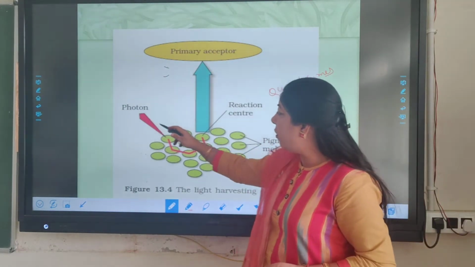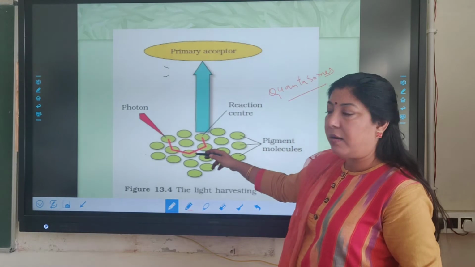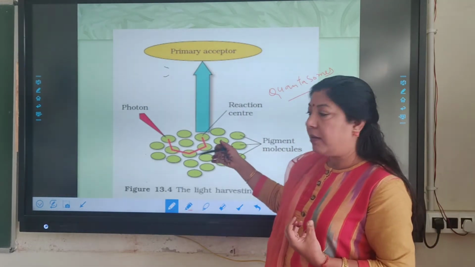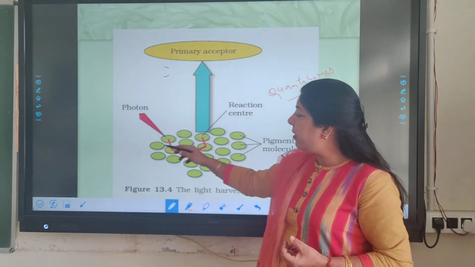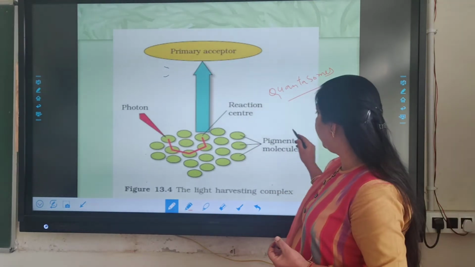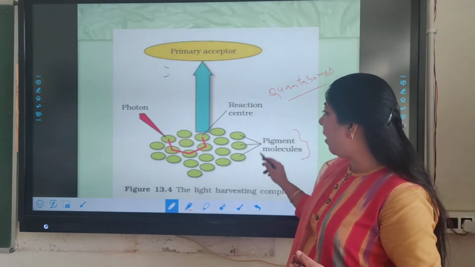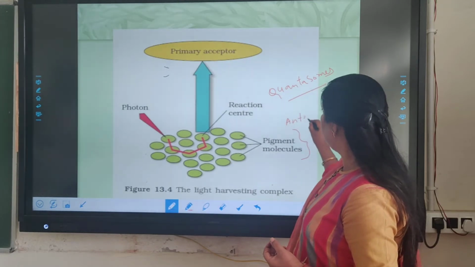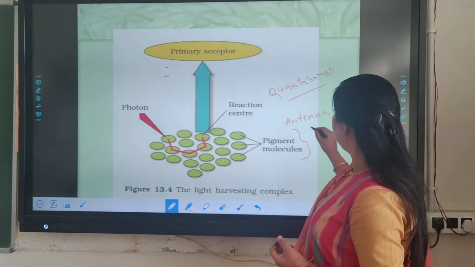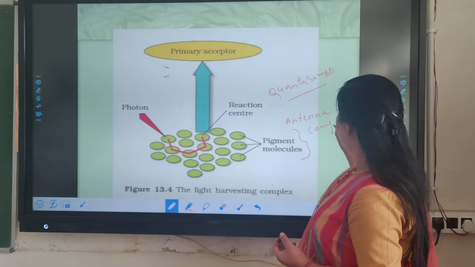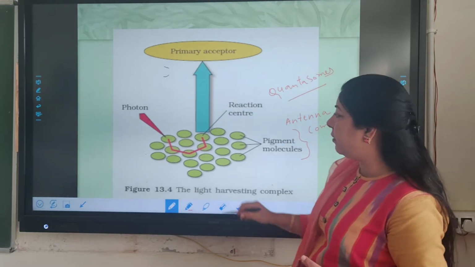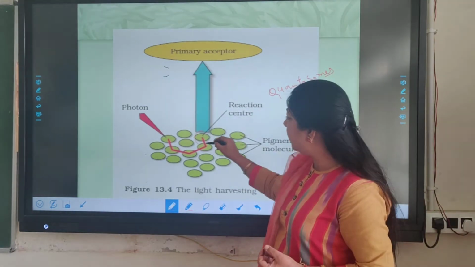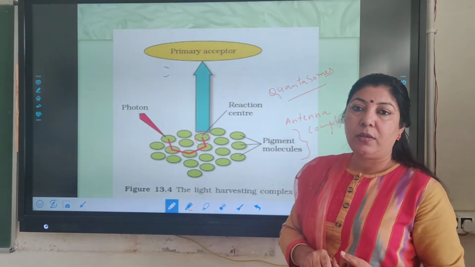And when these photons are absorbed by these pigments, which are actually the antenna complex, they will pass on their energy to this reaction center.